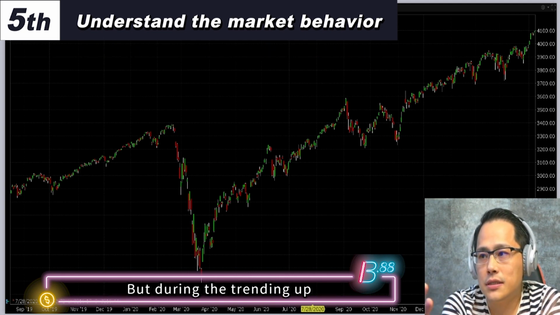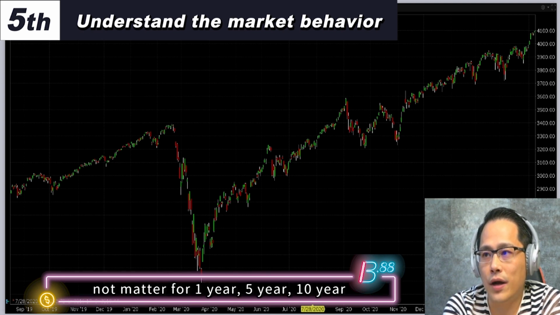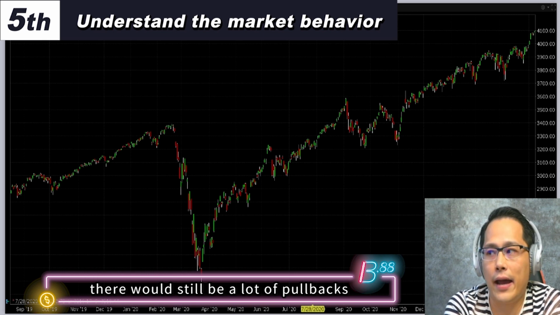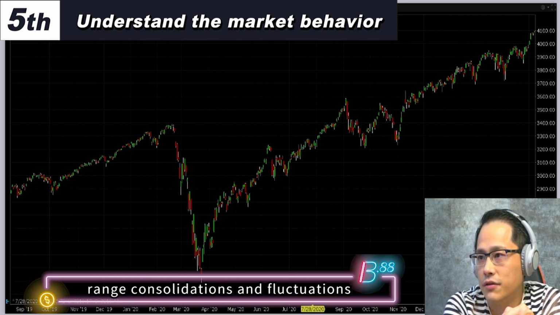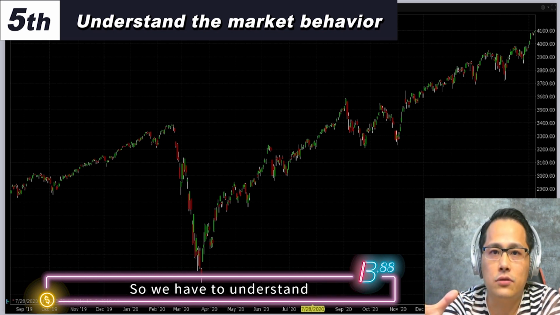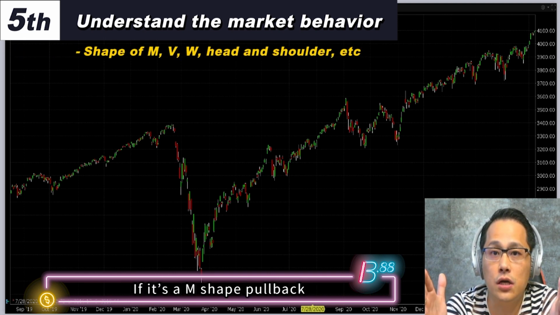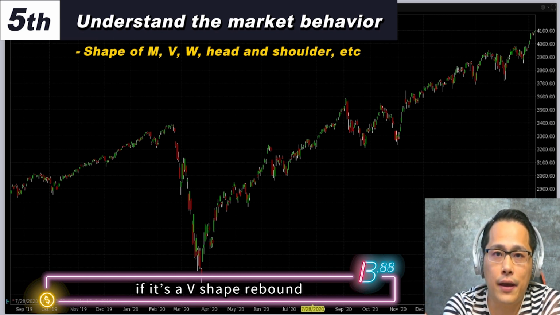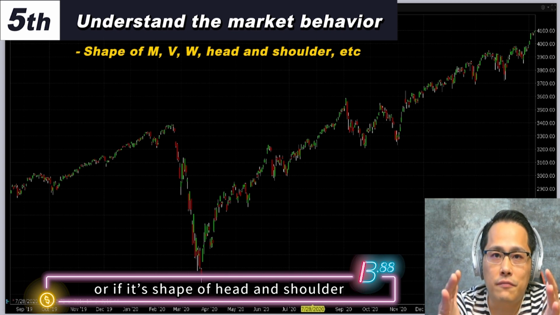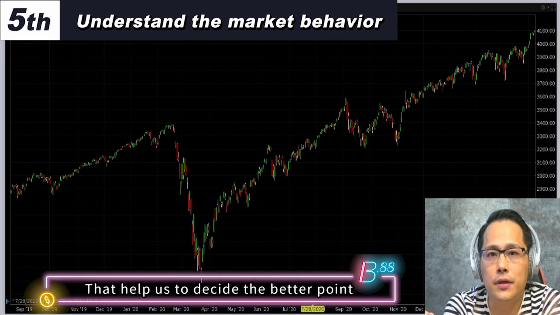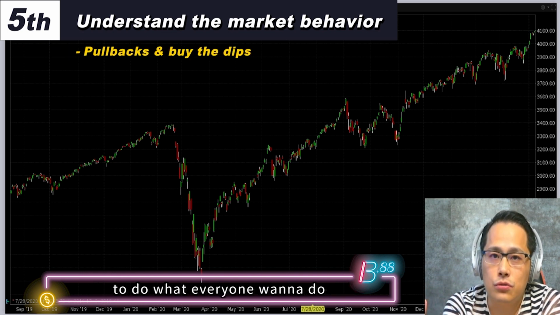But during this uptrend, whether over 1 year, 5 years, or 10 years, there will still be a lot of pullbacks, range consolidation, and fluctuation. So we have to understand the market behavior, like the shape of the market: an M-shaped pullback, a V-shaped or W-shaped rebound, or a head and shoulders shape.